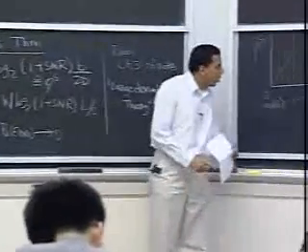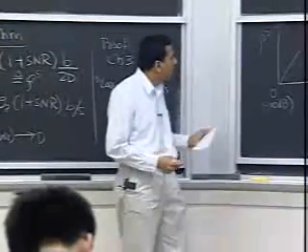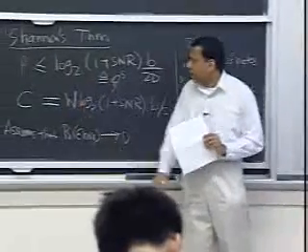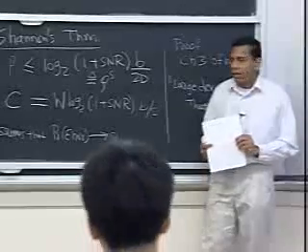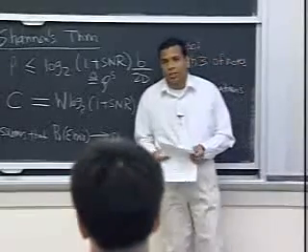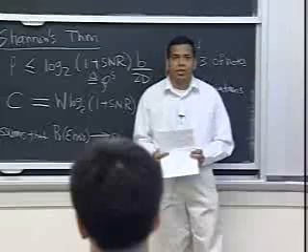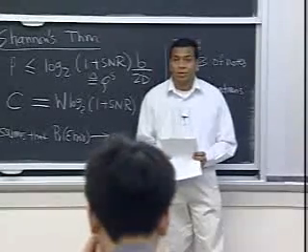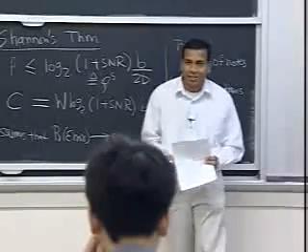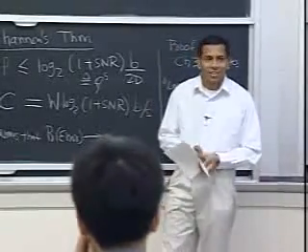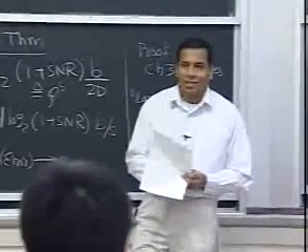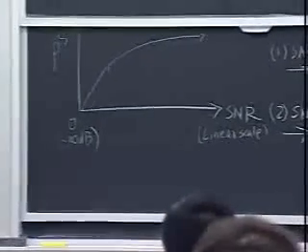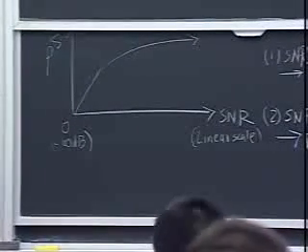Well, if I increase my bandwidth in the power limited regime by a factor of 2, so this bandwidth here increases by a factor of 2, how does my capacity change? I'm in the power limited regime. There's no change, right? Or is there a change? The ratio P over N naught is the same.